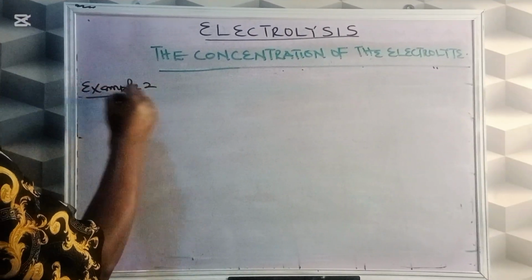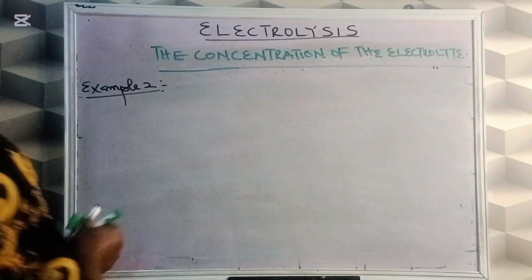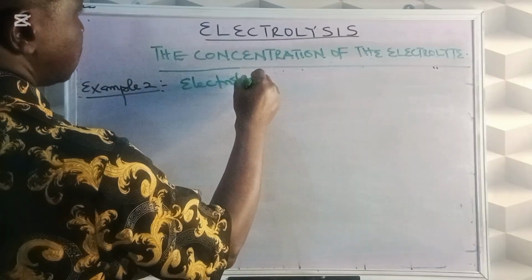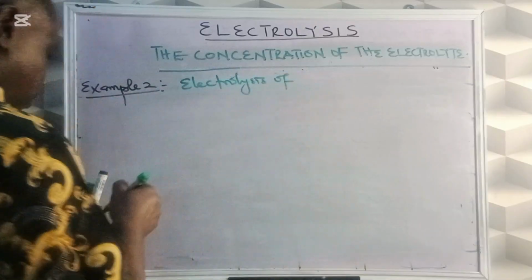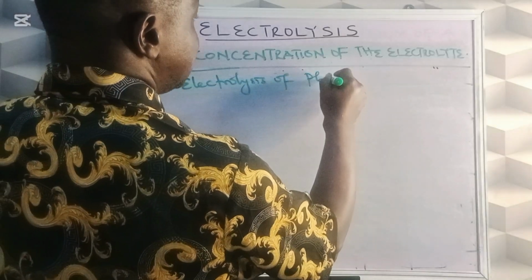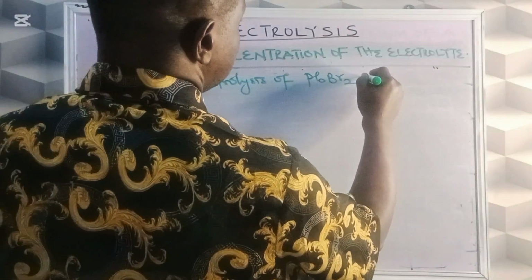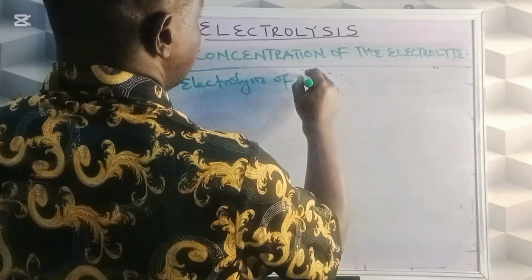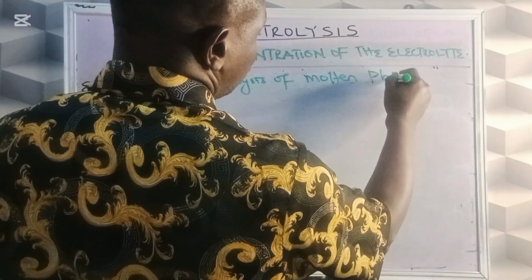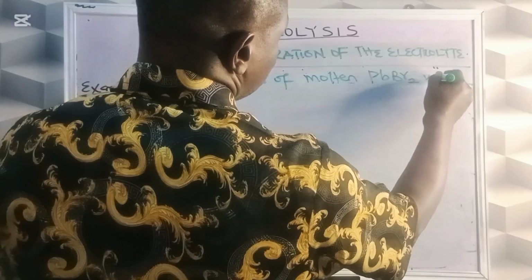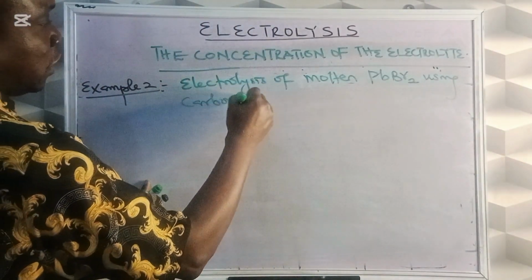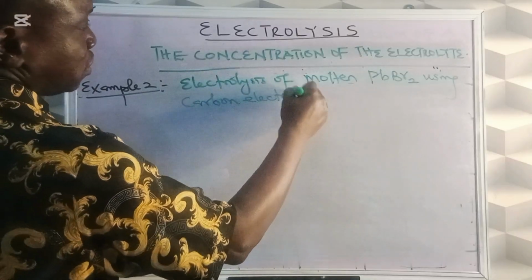Example 2. Electrolysis of lead(II) bromide. Electrolysis of molten lead(II) bromide using carbon electrodes.